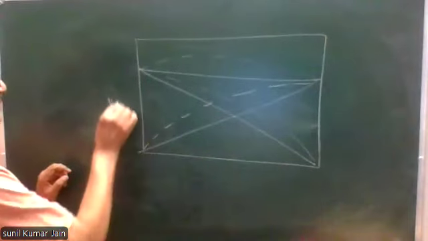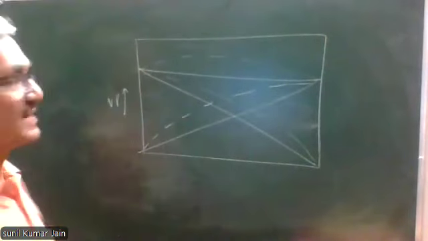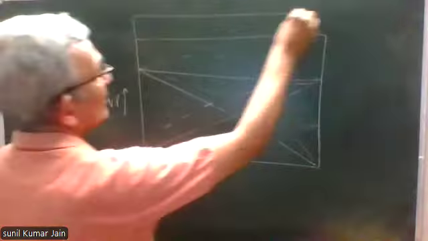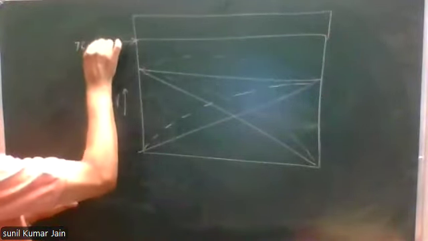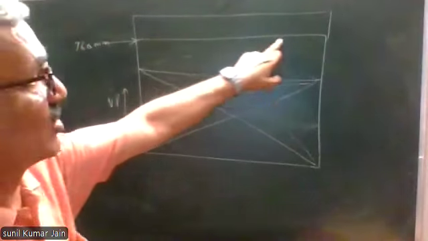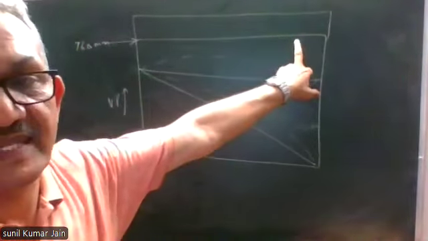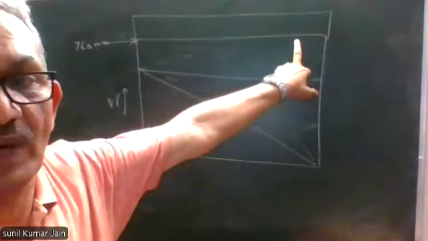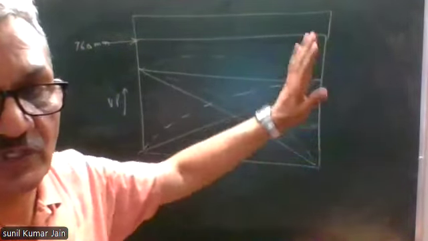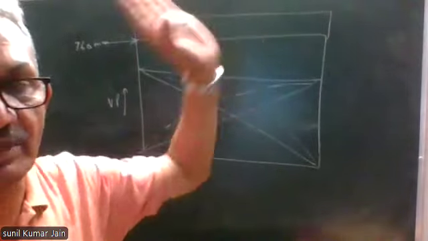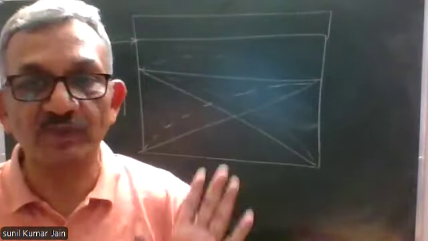Vapor pressure is increasing along the y-axis. Let us say this horizontal line represents 760 millimeters of pressure, that is 1 atm pressure. If vapor pressure of the solution becomes equal to 760 millimeters, this solution will start boiling.